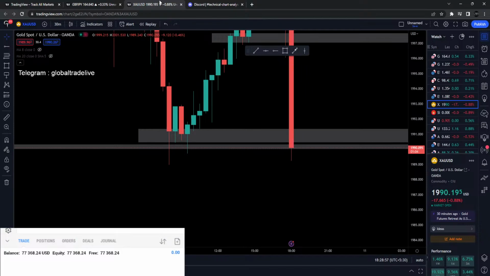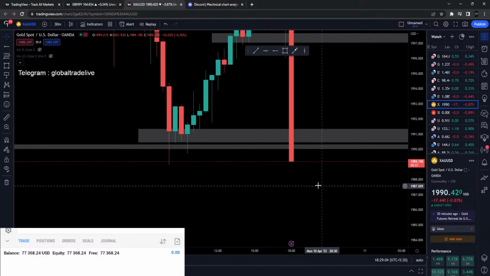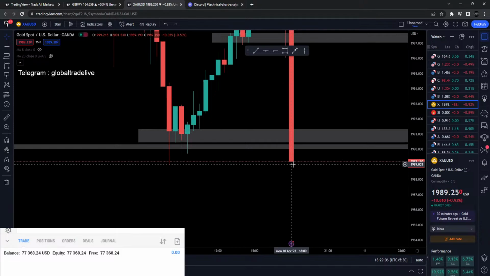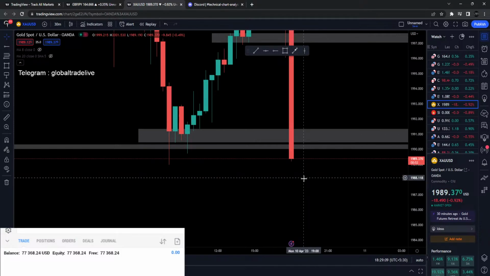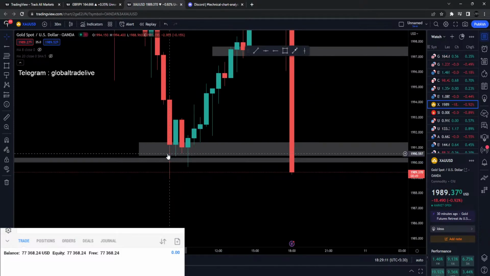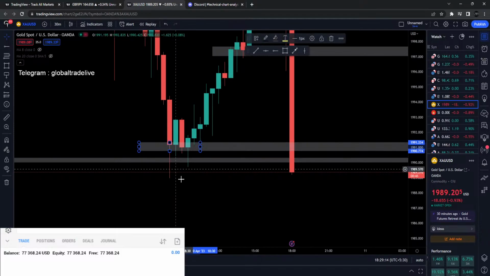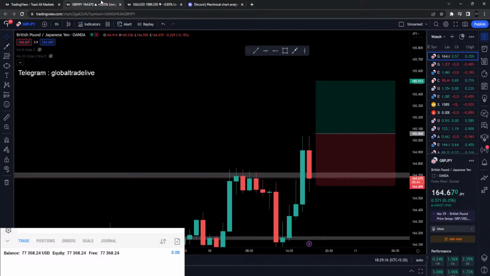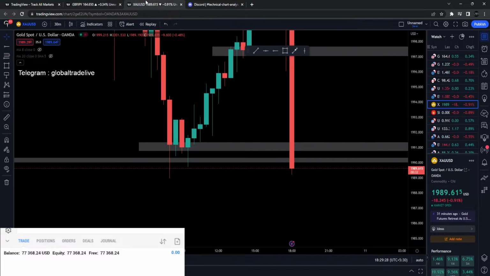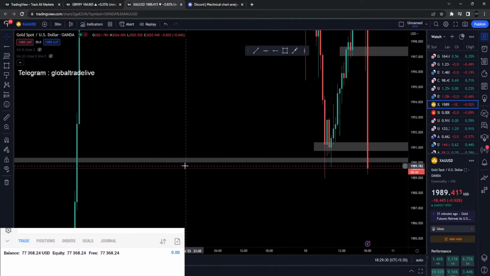And same for gold. Now gold is just not stopping, guys. It's just moving all the way down. Last few seconds remaining for GBP JPY to close, and for gold to close, and more confirmations will be coming up after the close of the current candles.